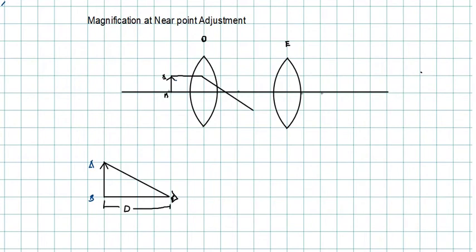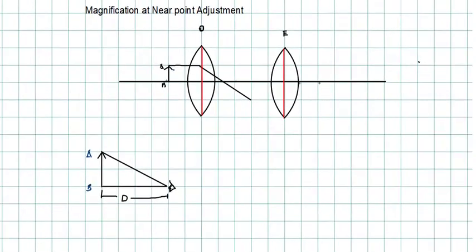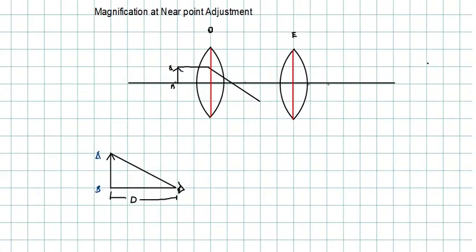Note here, although the lenses look quite thick, they are actually thin lenses. I will bring all the ray diagram up to the center of the convex lens, but in reality it is very thin, so you can neglect this thickness.